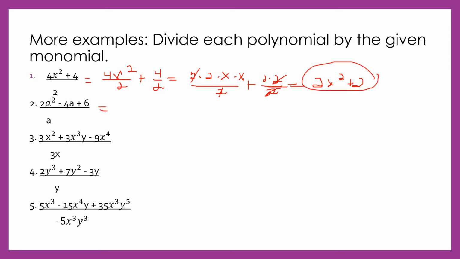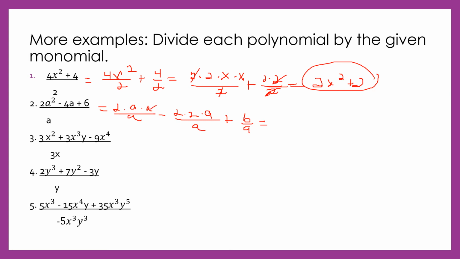Next. Number 2. We have 2a times a over 2 over a, minus 2 times 2 times a over a plus 6 over a.